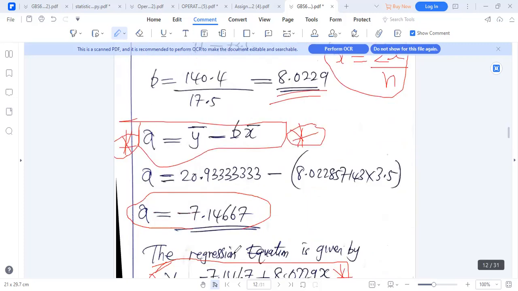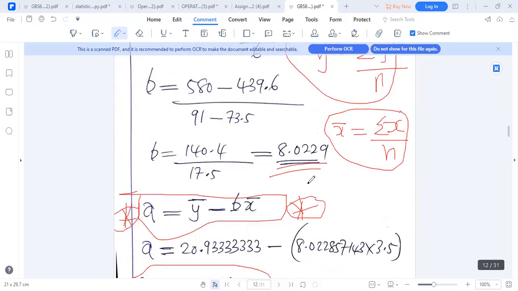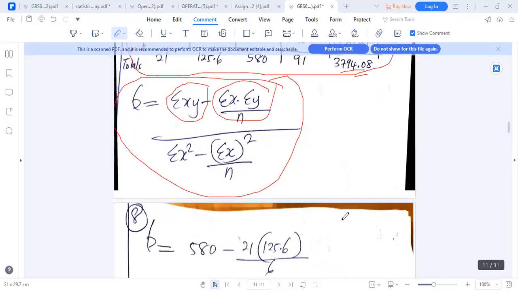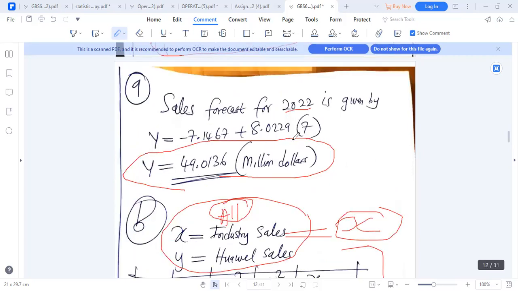And then the regression equation was this one. To get the sales revenue for year 7, which is 2022, you substitute the 7 in this equation. Then it gives us 49.0136. So this is how we got the sales for 2022.